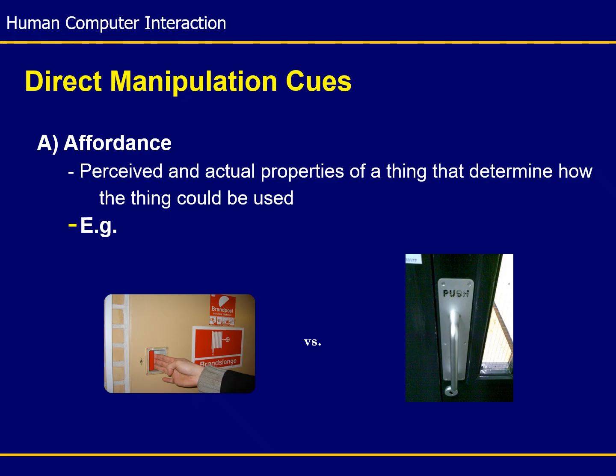That's why there is no label on the left image, because the only way you can open the door is to put your fingers or your hand inside the inlet and pull it towards you. That's why they have the inlet. This is the right affordance. That's on the left. On the right is an absolute disaster because it says push and it gives you a handle, and the handle is going to invite you to actually pull. Okay, so I think I covered this before, so I'm not going to spend any more time.